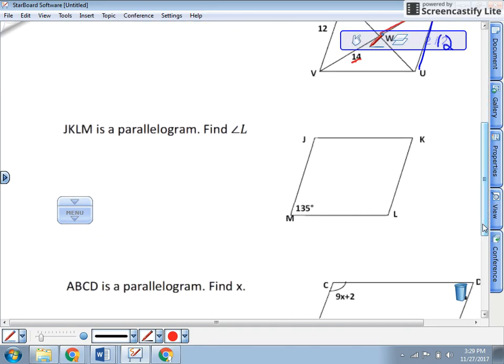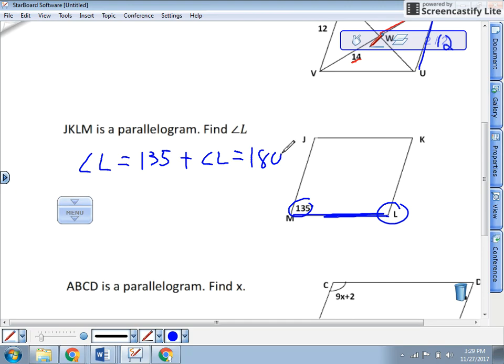Another example, JKLM is a parallelogram. Find the measure of angle L. Well, we know that M is 135 and angle L is on the same side of angle M. Same side angles add up to 180. So 135 plus angle L has to equal 180.